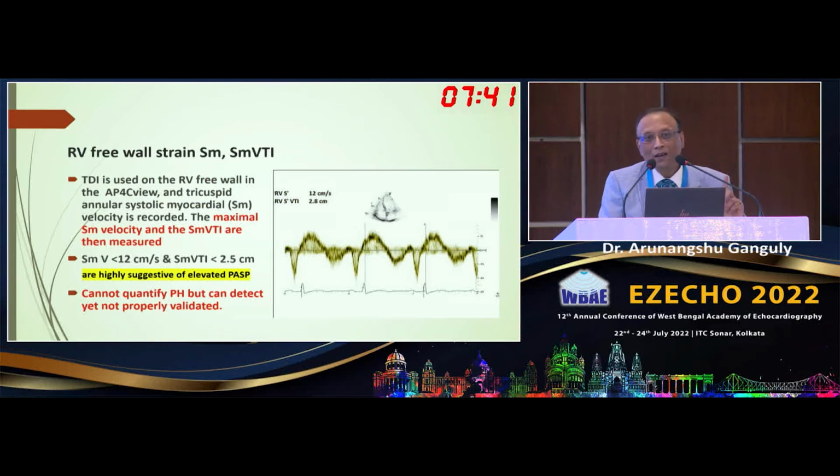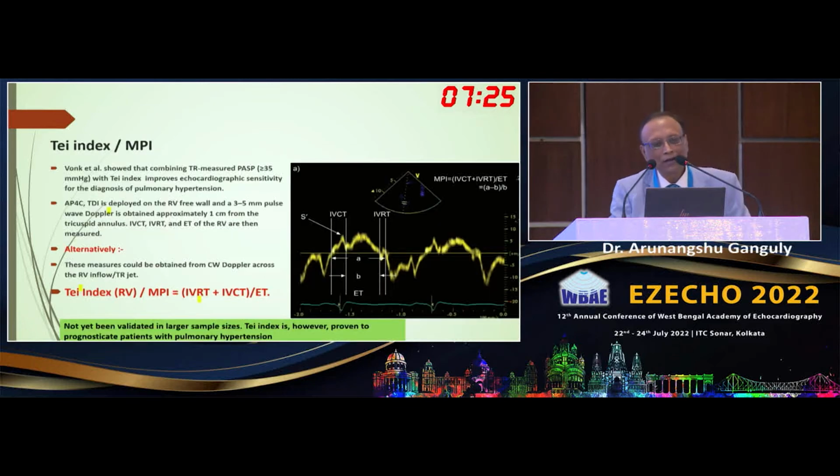RV free wall S less than 12 and a VTI of less than 2.5, they are secondary signs by which you can understand PH is present, but it cannot quantify PH.